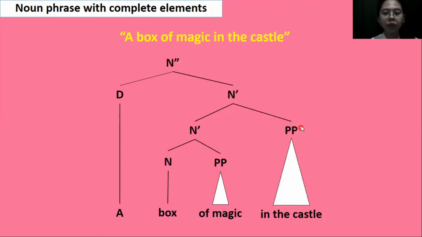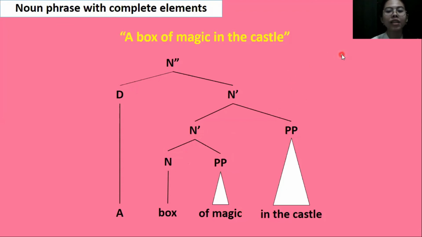In the adjunct rule, the adjunct will always be the sister of N-bar and also the daughter of N-bar. So they are sisters and this is the daughter. Meanwhile, for the complement rule, "of magic" is the complement, which is a prepositional phrase. We can see that a complement will always be the sister of and also the daughter of N-bar.